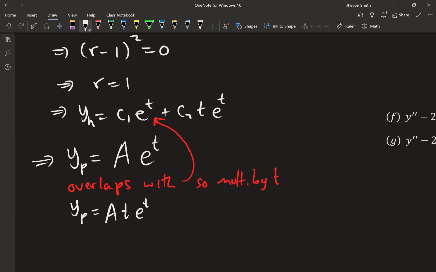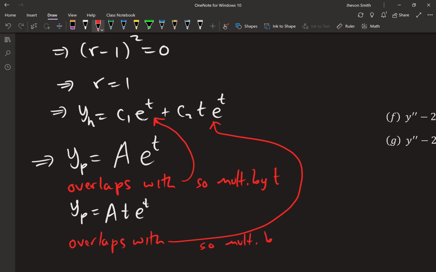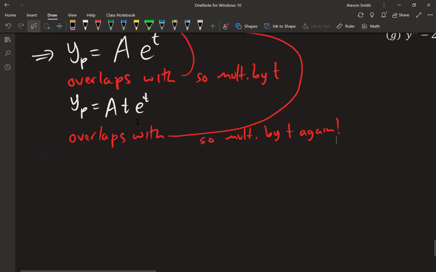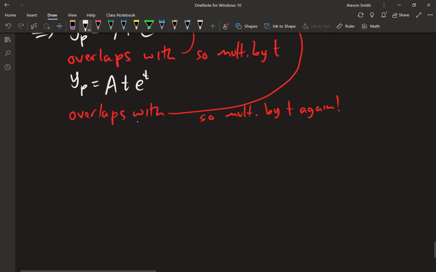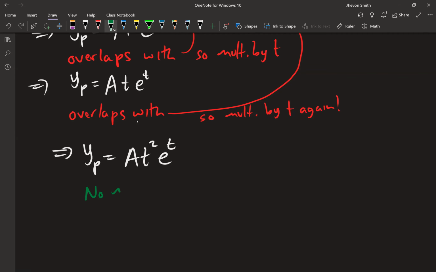Then you check again, and now you realize that it overlaps with this part now. So multiply by t again. And so now I would end up with yp equals A t^2 e^t. And no more overlaps.